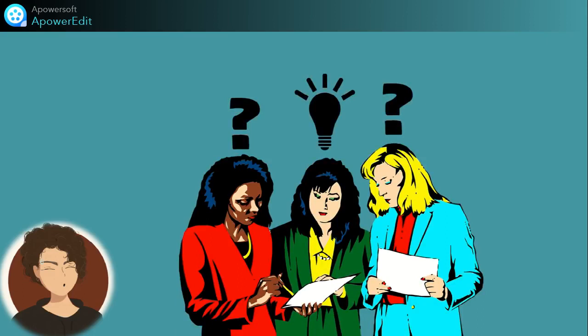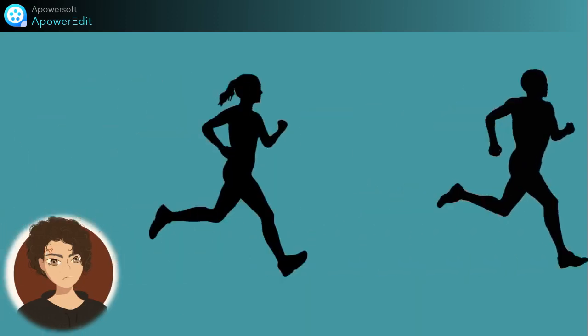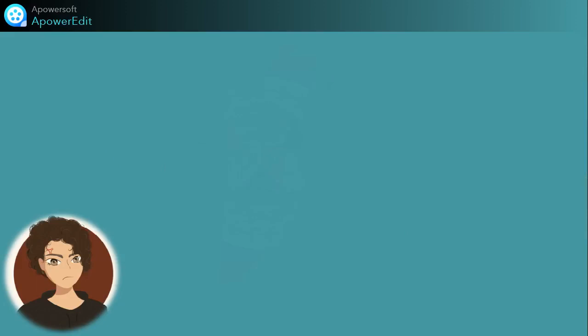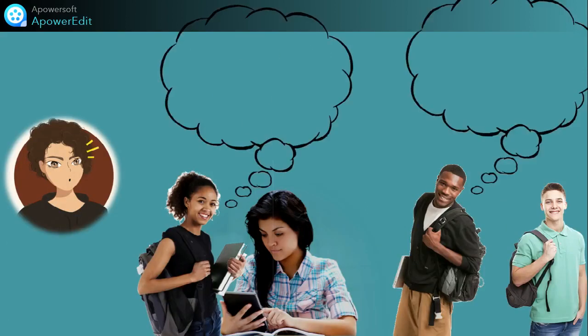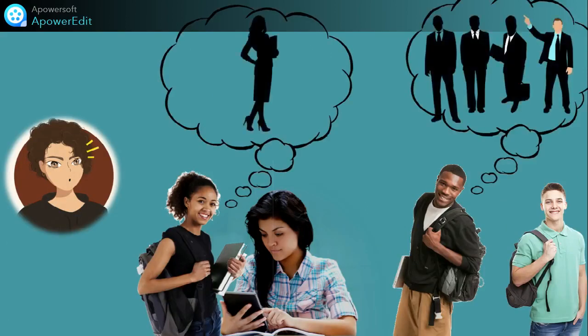They see less emphasis is placed on developing computer science skills in girls, that makes us lag behind our male counterparts. Even in Belize, only 12% of women actually become graduates. Another factor, female students lack role models, as most leaders in the field are male.